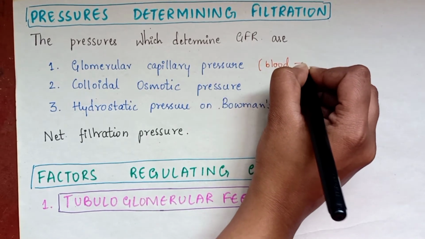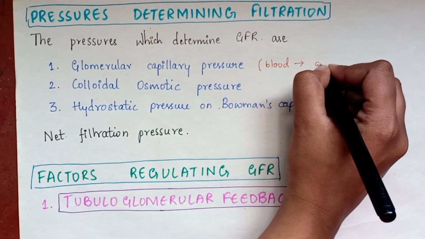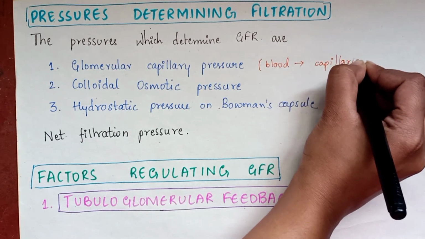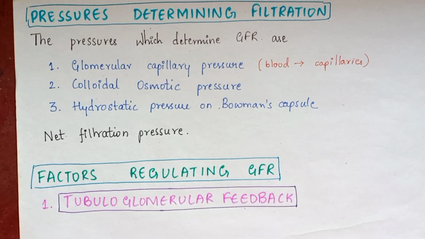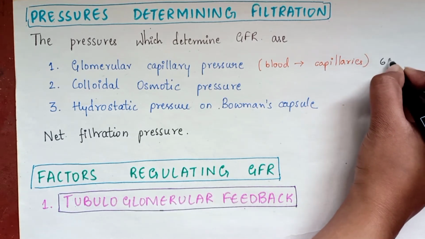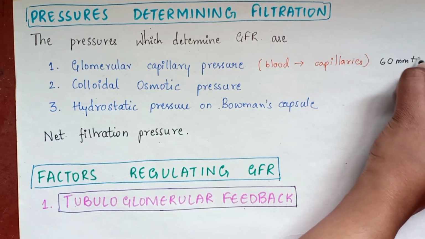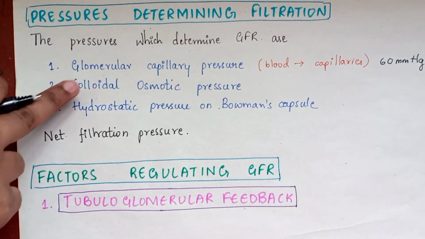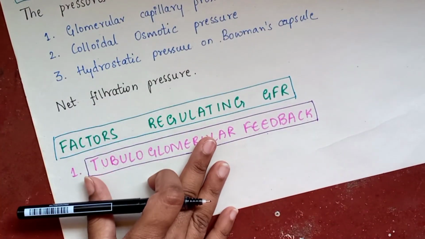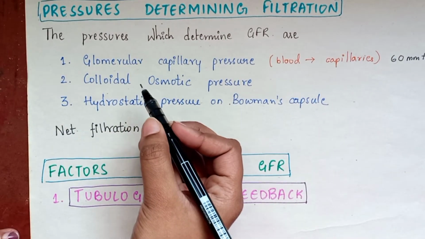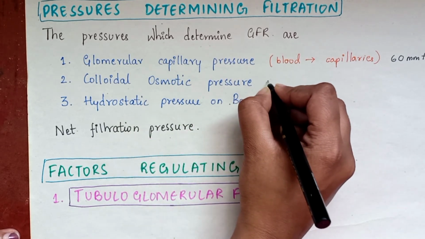As the capillaries are present in the glomerulus, it is glomerular capillary pressure. Here it is around 60 mm of Hg. It may also vary between 45 to 70, but it is mostly 60 mm of Hg. This pressure favors the glomerular filtration rate.